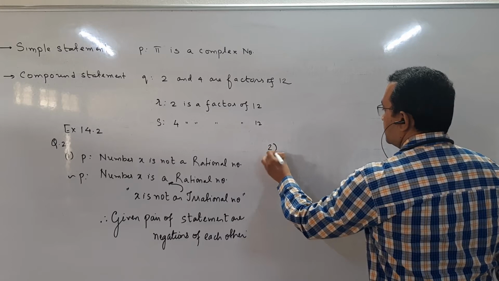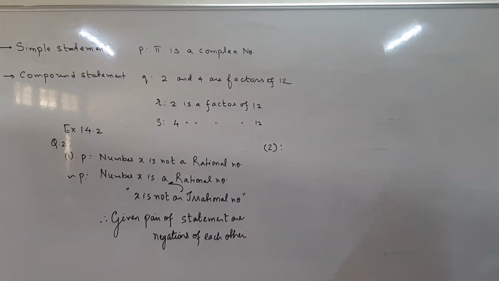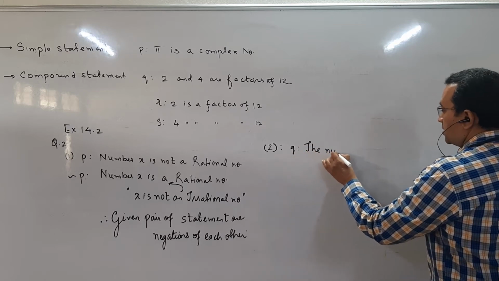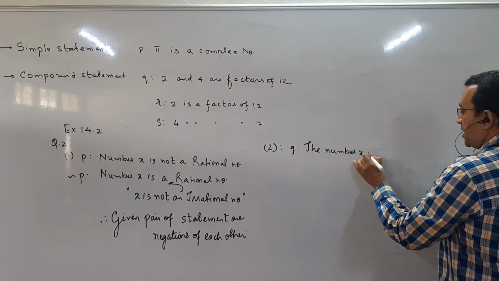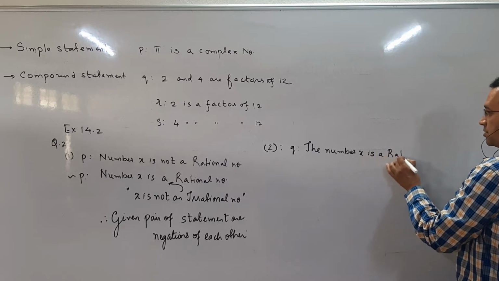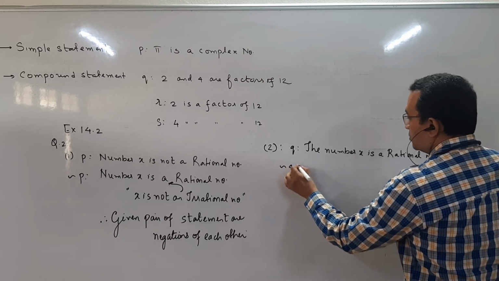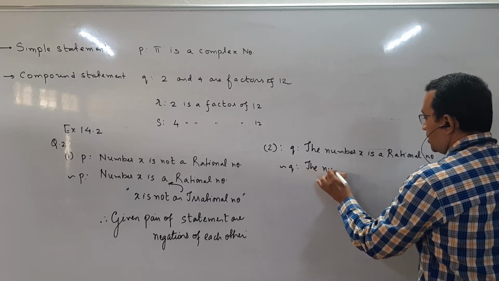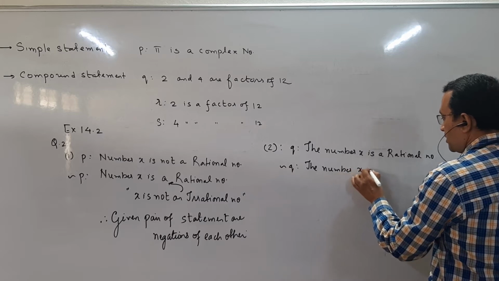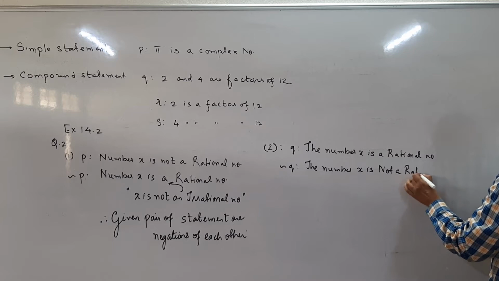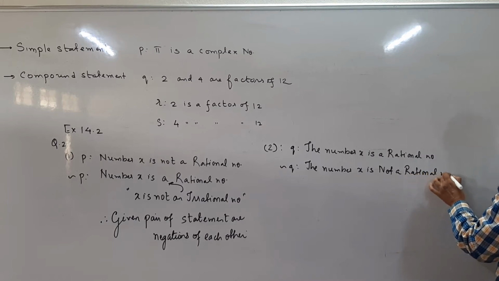Now let us check the second pair. What is the statement? The given statement Q: the number x is a rational number. What is the negation of Q? The number x is not a rational number.